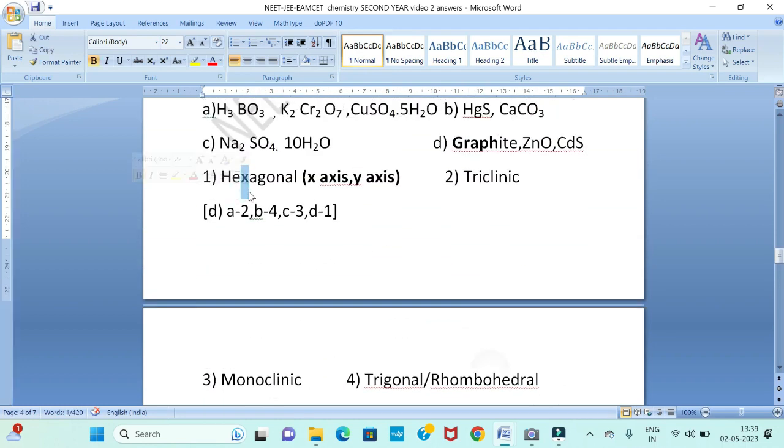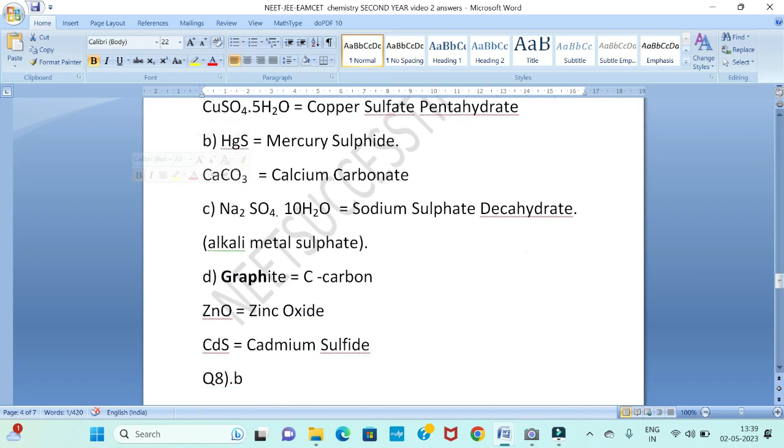In zinc oxide also X is there. Zinc oxide. So same as graphite's graph, X axis, Y axis and also Z axis.